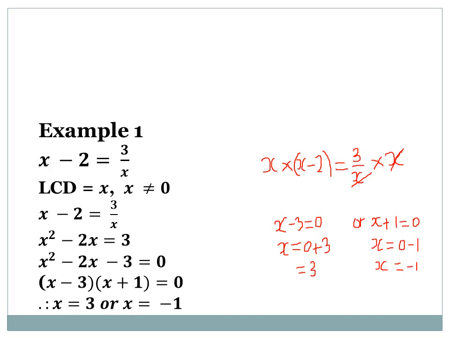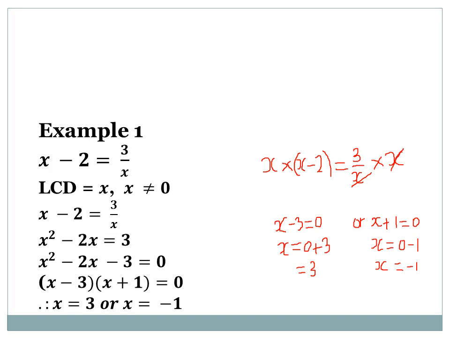So now we need to find the values of x, and to do so, remember in our previous discussion, we find two numbers. So this time we are going to find two numbers that when we multiply, we must have negative 3.